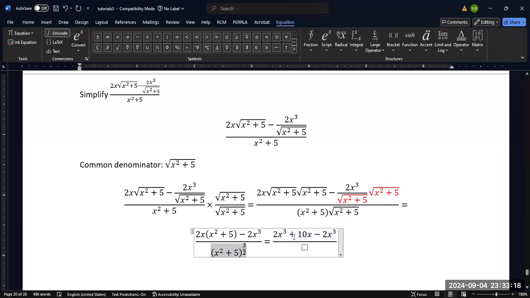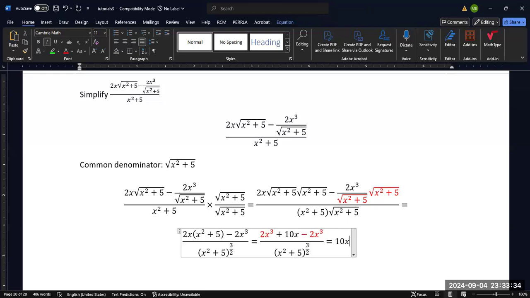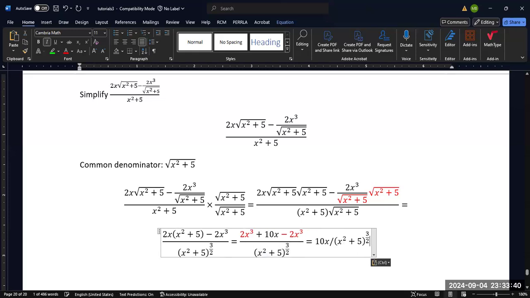And in my denominator, I have already done all the simplifying that I can do. Here, I'm going to have my negative 2x cubed and my positive 2x cubed. They're going to cancel, and I'm going to be left with 10x over the quantity to the 3/2 power.